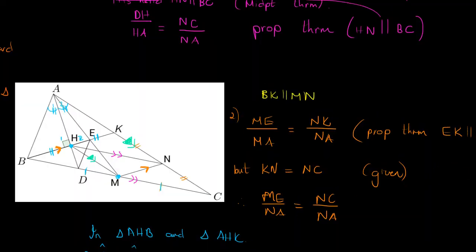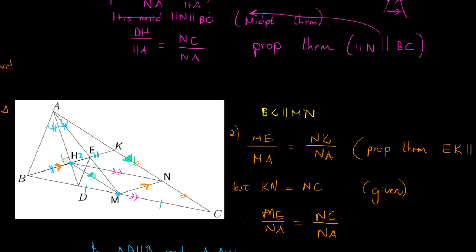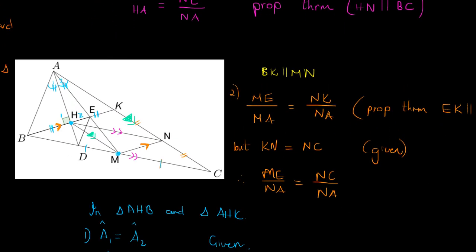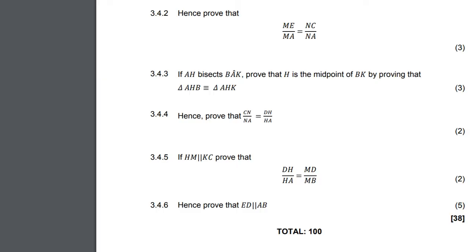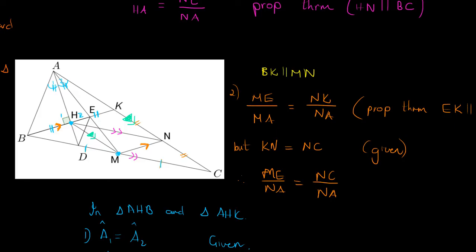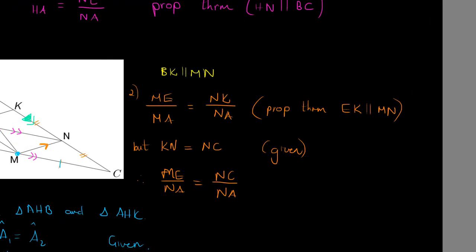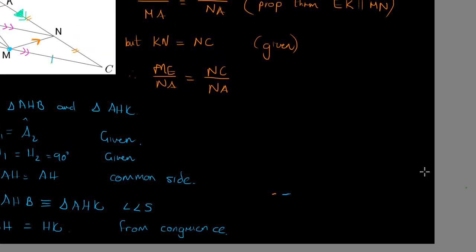Okay, so where do we have space? So DH over HA, MD over MB. I don't have space anymore on this page. A little bit here. Okay, so prove that DH over HA is equal to MD over MB. Okay, let's see which one.